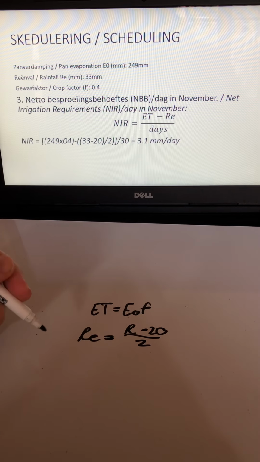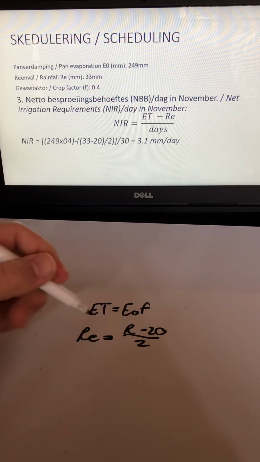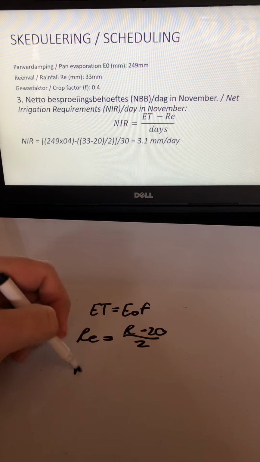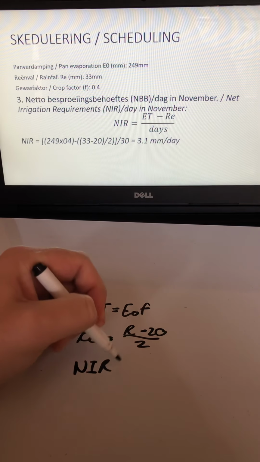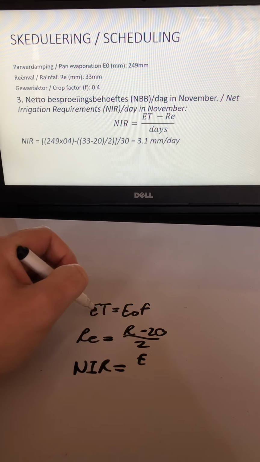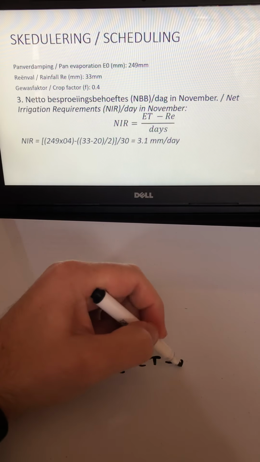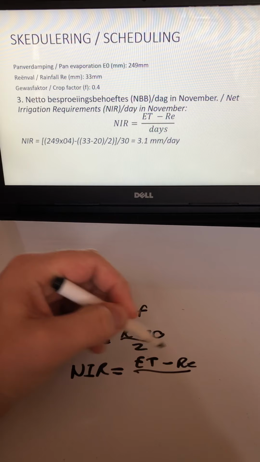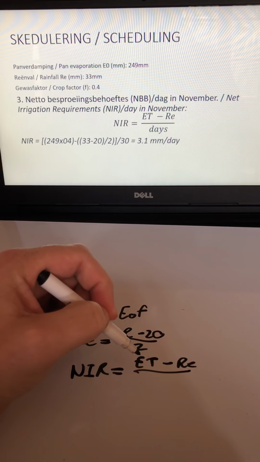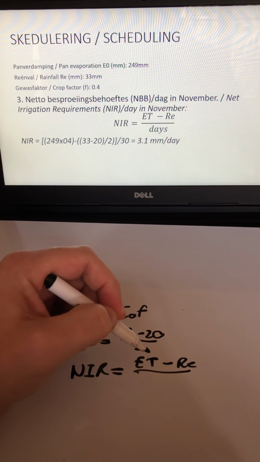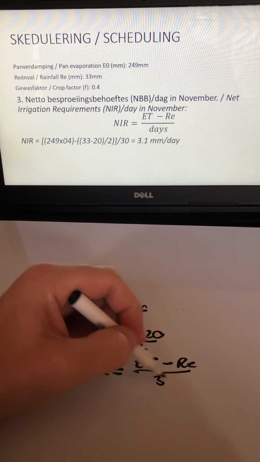So the net irrigation requirement, how much you have to irrigate, is that NAR minus your evapotranspiration minus your effective rainfall, divided by the amount of days in the month.